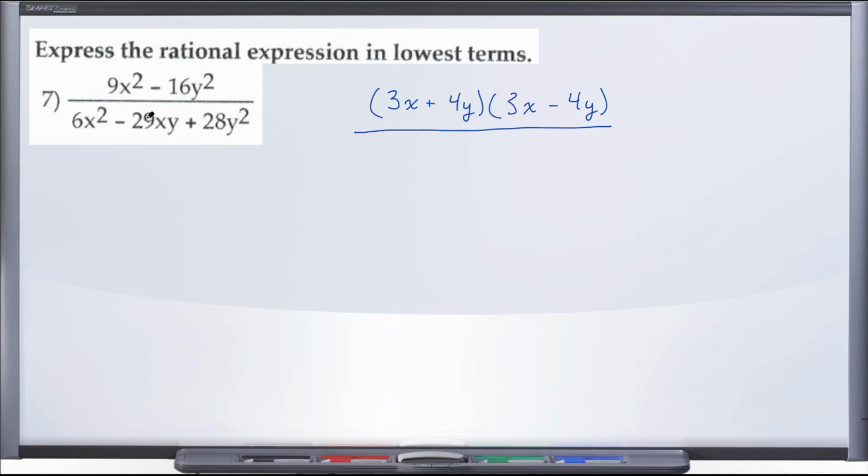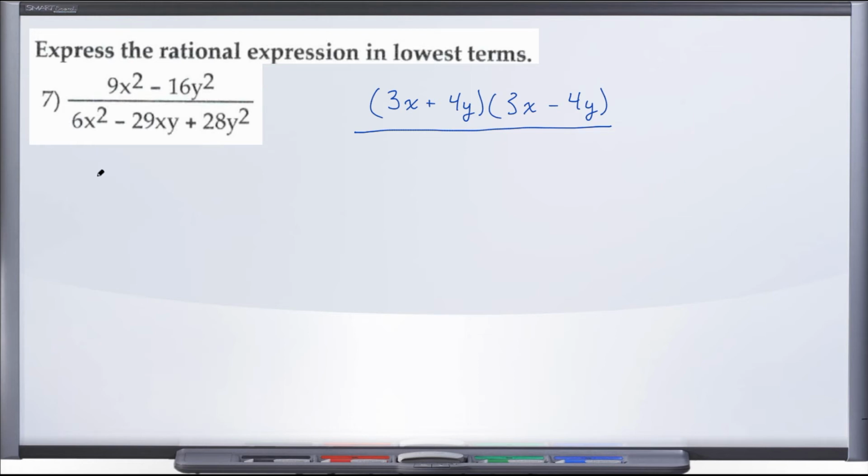Question number 1, is there a GCF? Nope, I don't see one. So question number 2, how many terms are there? Well, 1, 2, 3 terms. So we're going to either factor by scissors or the AC method or trial and error.